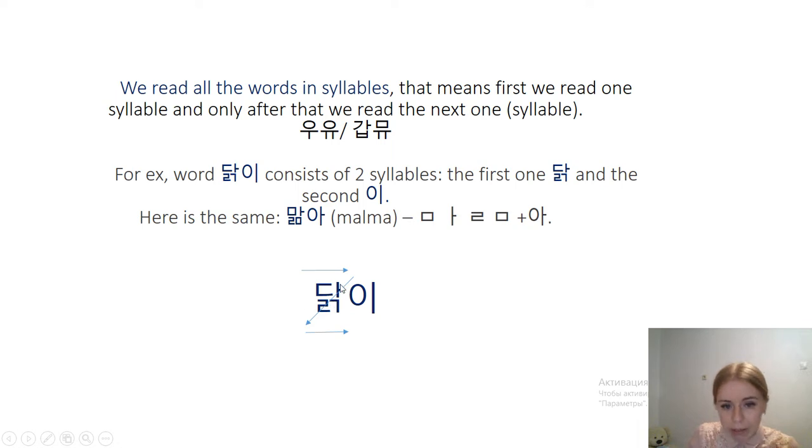Talk plus e, and together we read it like talki. Malma, m, a, l, m. And only after we read all these syllables, we go to the next one. So we read malma.